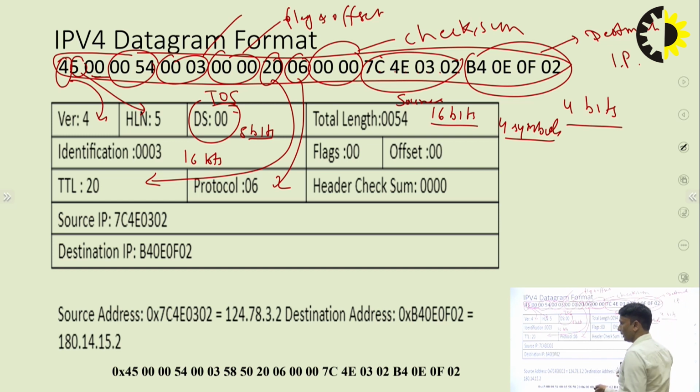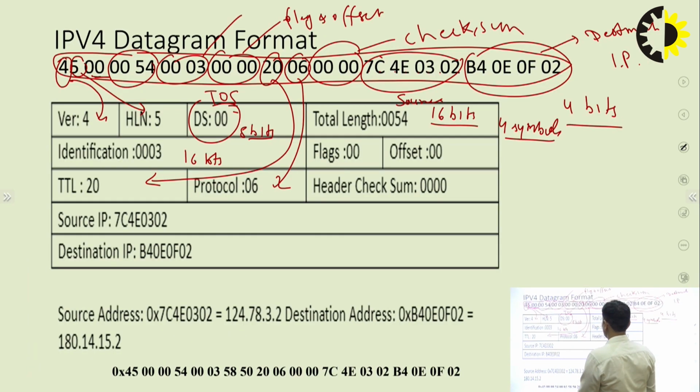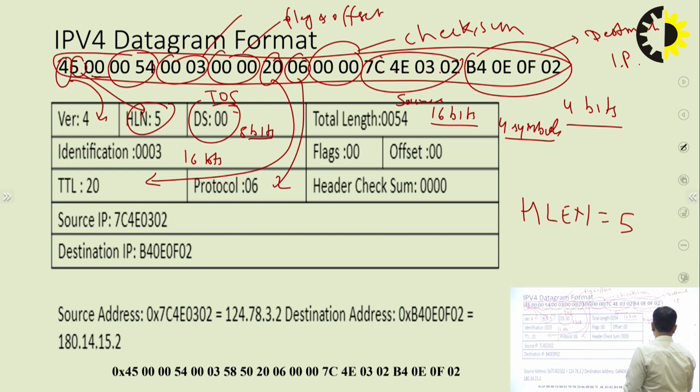Destination IP. Okay, so we have to arrange in this format. Now we can answer: what is the header size? The header size can be given from the H length field, which consists of 5, and this is in hexadecimal.